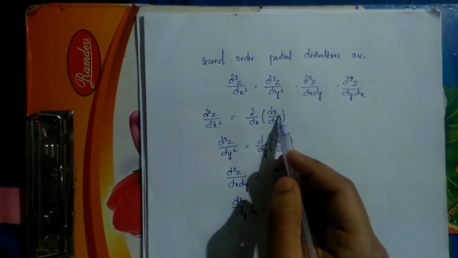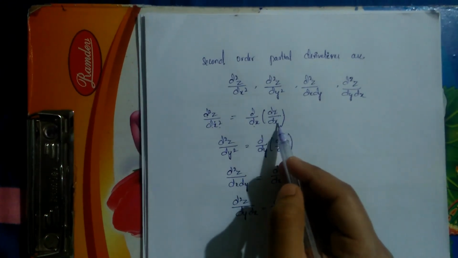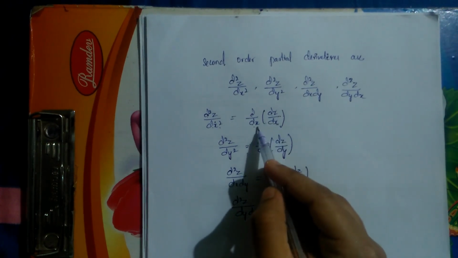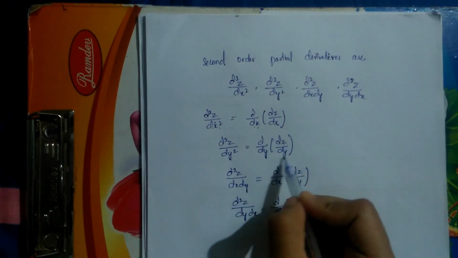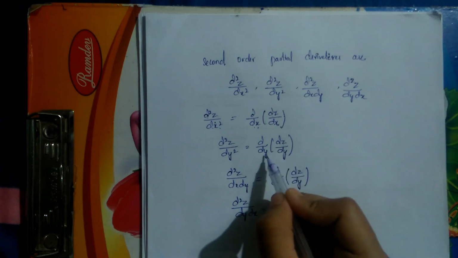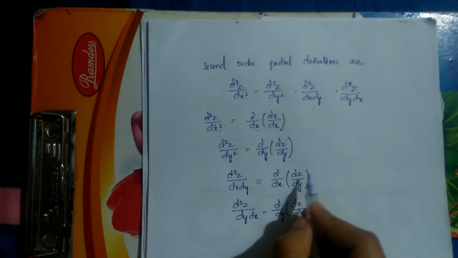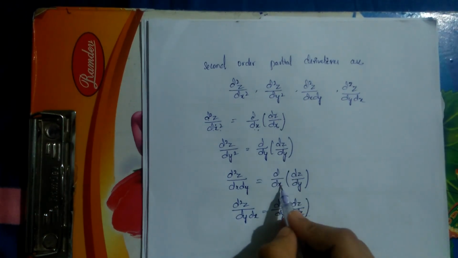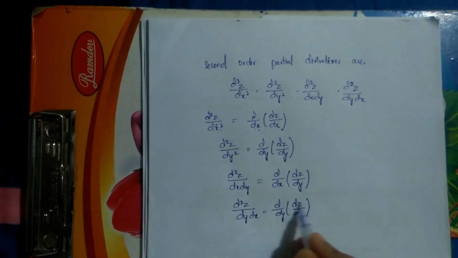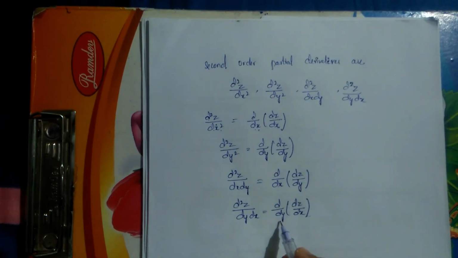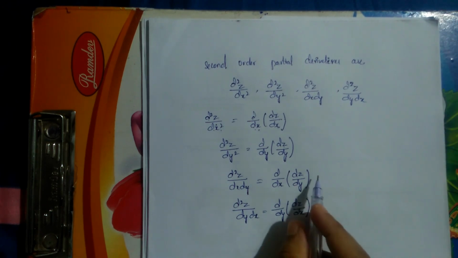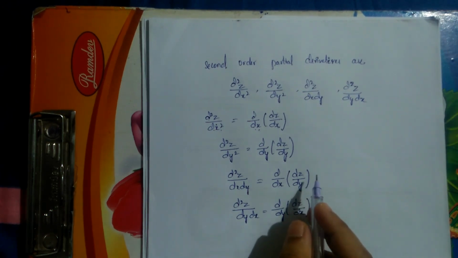So dou z by dou x is differentiated with respect to y. So these four are the second order partial derivatives.